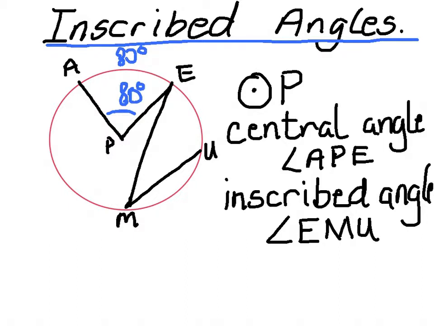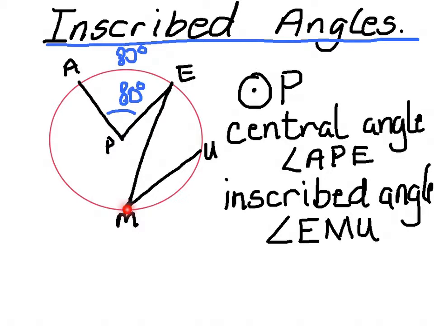So what's an inscribed angle? Well, an inscribed angle is an angle such as the angle EMU. Angle EMU is called an inscribed angle because its vertex is on the circle.